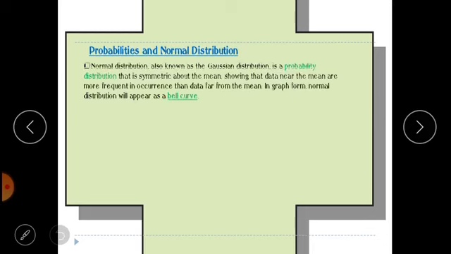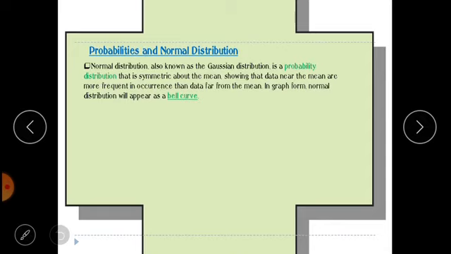Okay, so, normal distribution and probabilities. A normal distribution, also known as the Gaussian distribution, is a probability distribution that is symmetric about the mean. Okay, alam nyo na, class, kung ano yung mean, kung saan isa siya sa relative, the central tendency, no? Showing that data near the mean are more frequent in occurrence than data far from the mean.